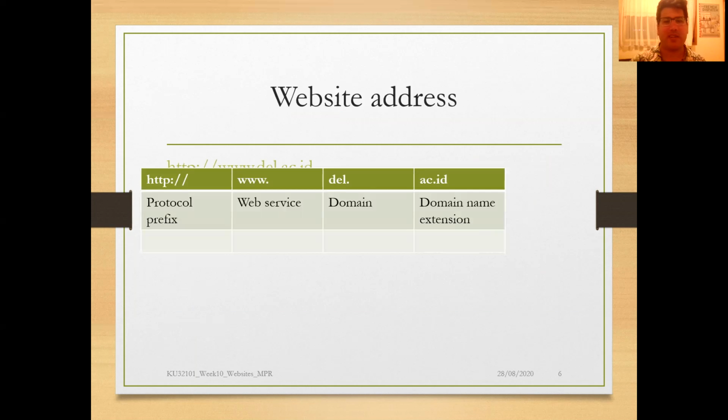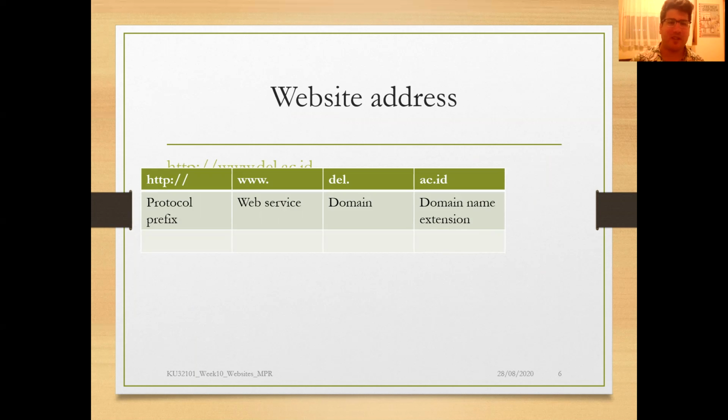All right, so here is a website address, and we can divide it up into the parts. The first part, HTTP, we call the protocol or the prefix.